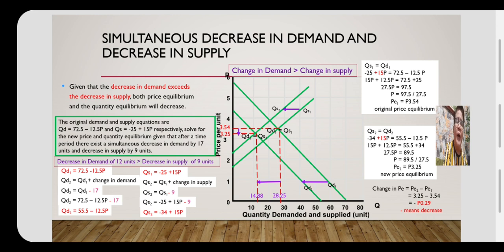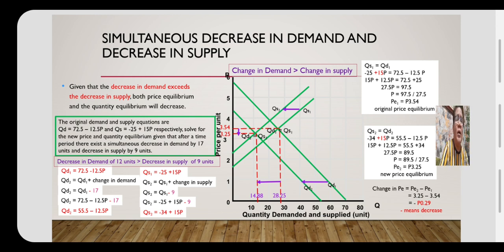To simplify, we have QS2 equals negative 34 plus 15P. So take note of the new supply equation given by QS2 is equal to negative 34 plus 15P.